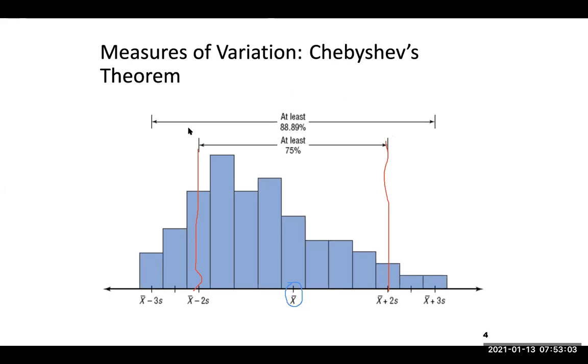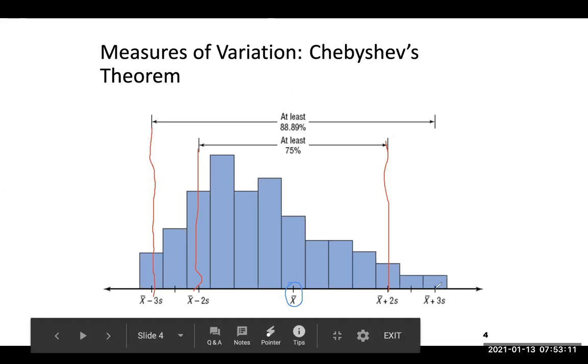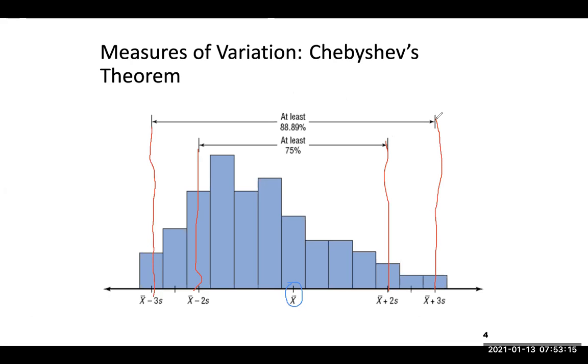Or about 89%, or 88.89%, of the data is within 3 standard deviations. So remember, standard deviation is just the average distance from the mean.